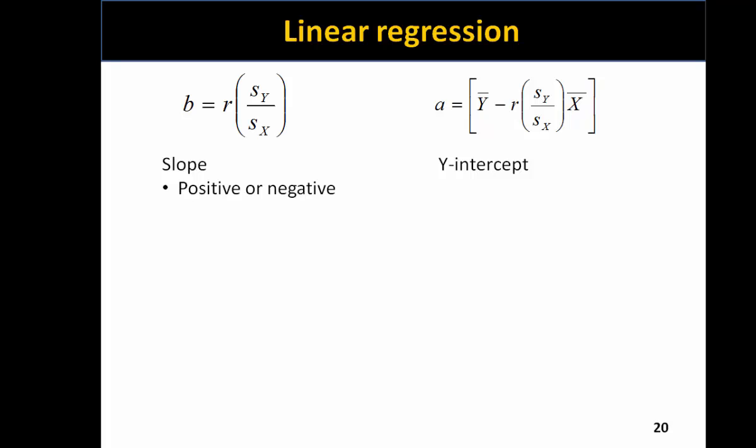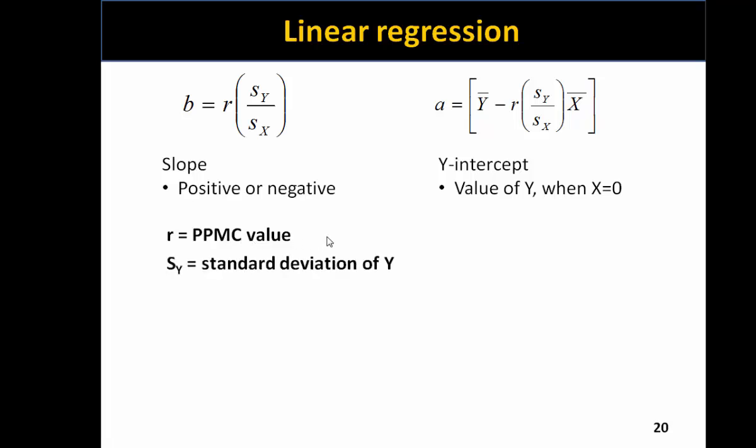To calculate the A coefficient, we will follow this prescribed equation. Once again, the y-intercept is the value along y when x equals 0. Recall r is the correlation coefficient, the PPMC value that was computed earlier.